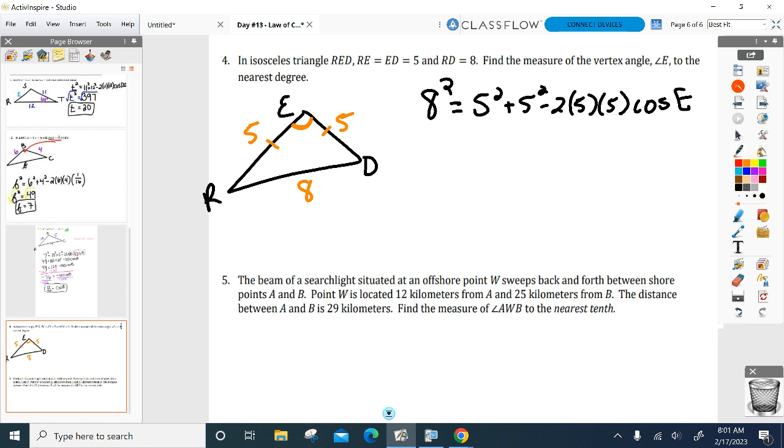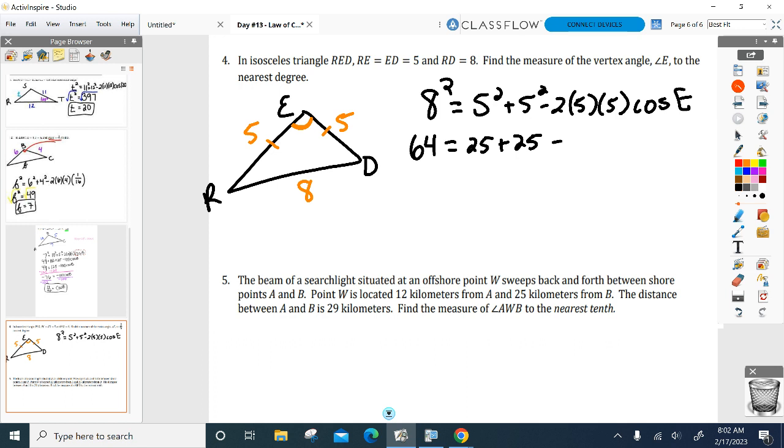Or X if you want, but have the cosine there because we're going to find the angle now. How do I find angle E? Same process. So 8 squared is 64. 5 squared is 25, plus 25, minus, what is that, 2 times 5 times 5?